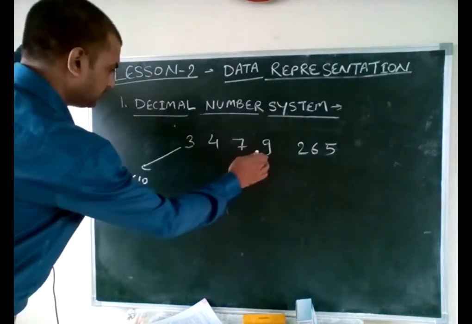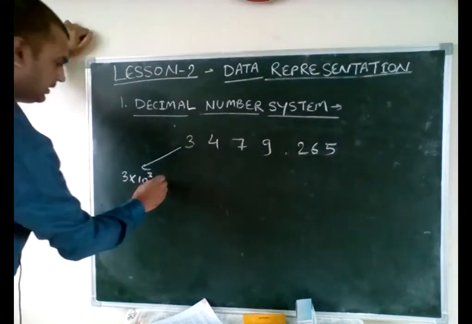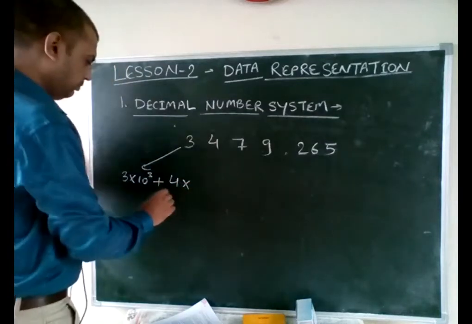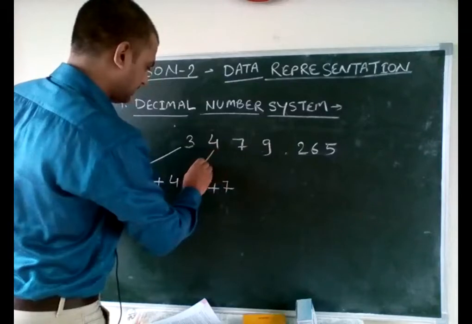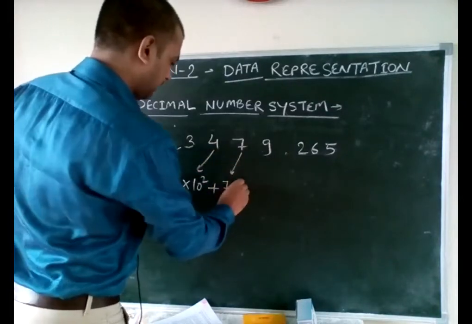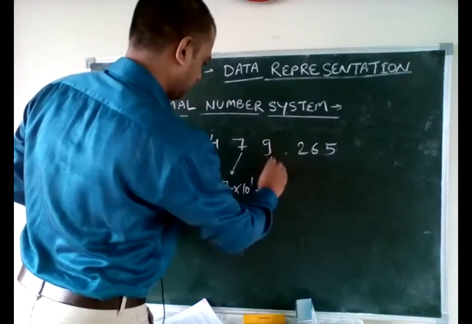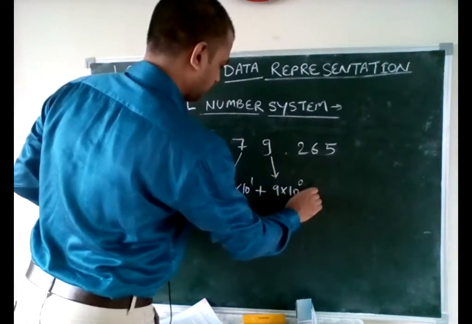So we will start from 0, 0, 1, 2, 3, so power 3 plus 4 into 10 to the power 2 plus 7 into 10 to the power 1 plus 9 into 10 to the power 0.